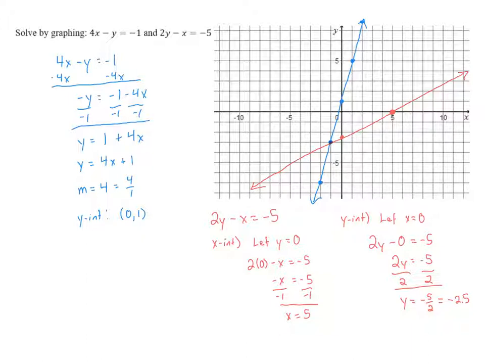And in fact, it looks like they intersect at the point (negative 1, negative 3), because that's to the left 1 and down 3, which tells us that our solution is x equals negative 1 and y equals negative 3. If you plug each of those into the original equations, they should give you true equations, verifying that the answer is x equals negative 1 and y equals negative 3.